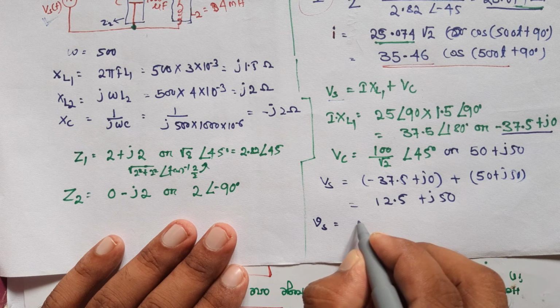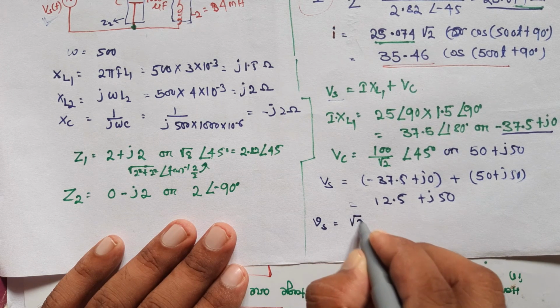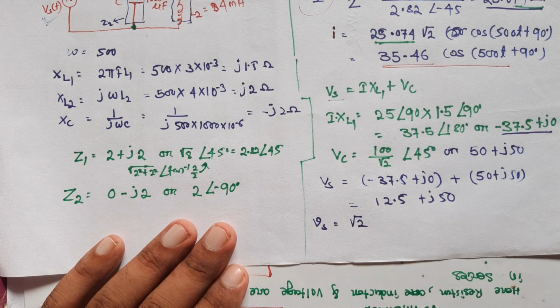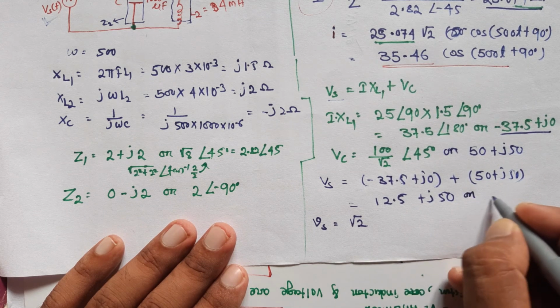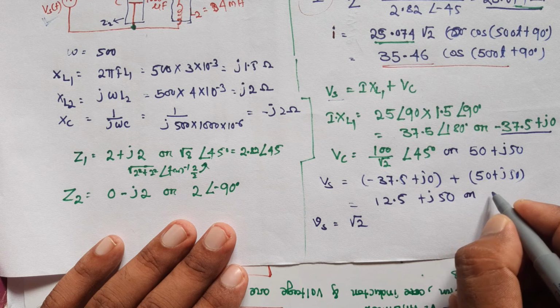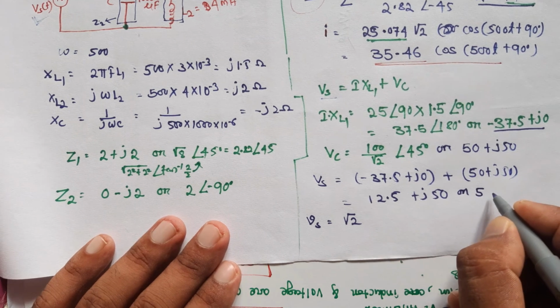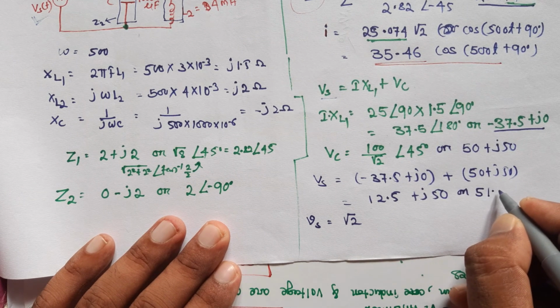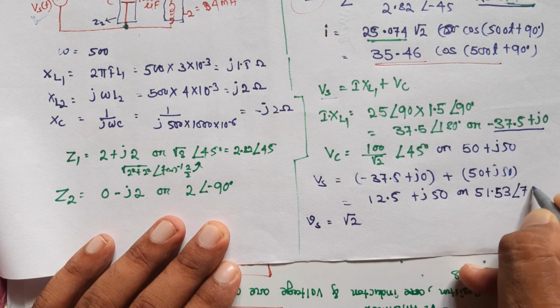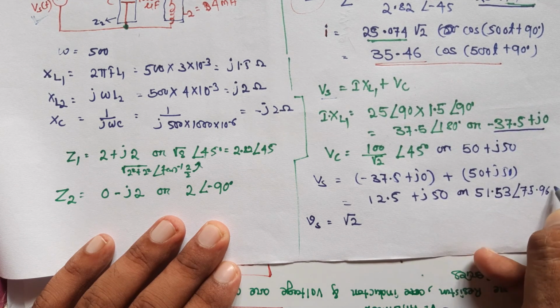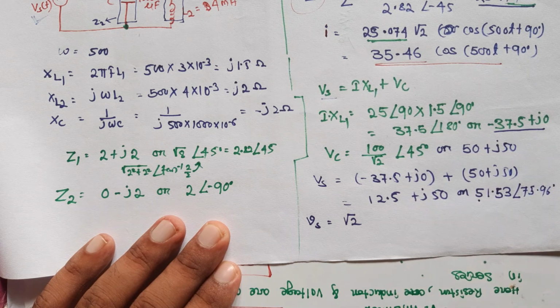First we convert this to polar form, which gives 51.53 angle 75.96.